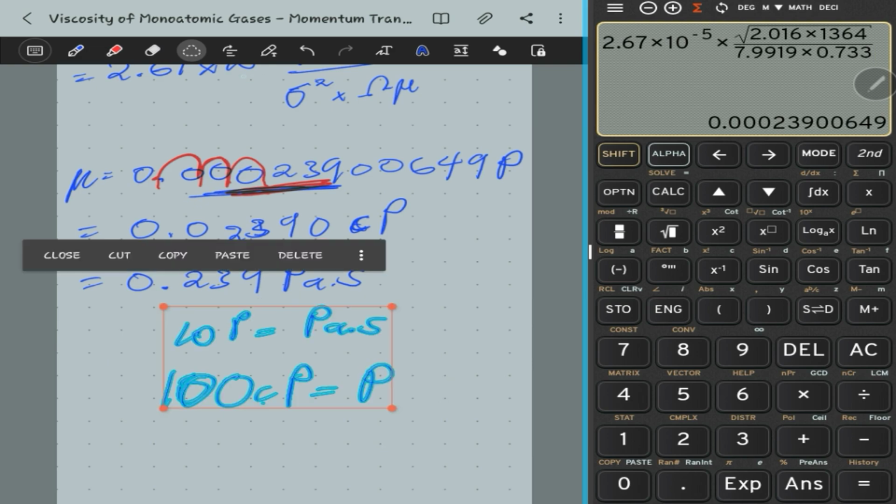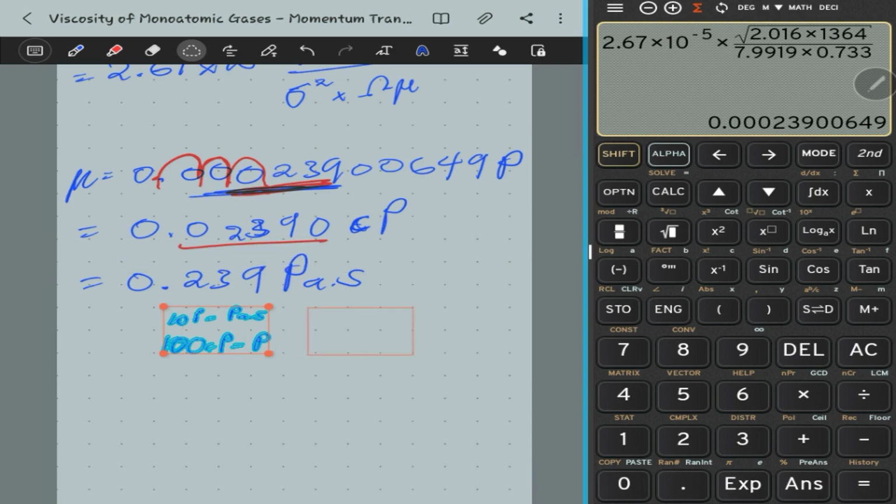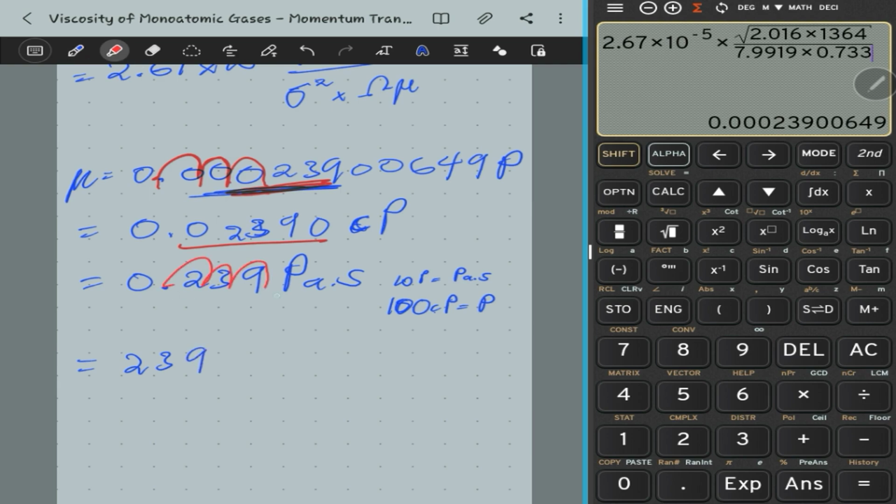So remember the unit in the equation, right? The unit that must be used, you have to use the equation and the conversion units, and then we find it. We can even convert this further and say that we have 239, right? That means that we've moved 3 places, and that will be milli Pascal-second.